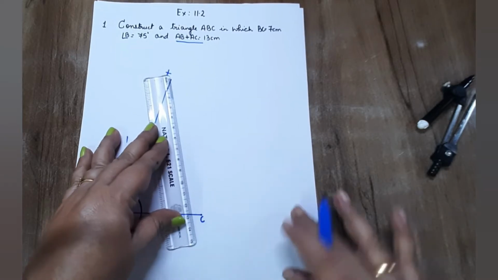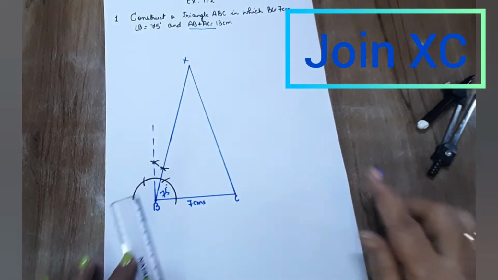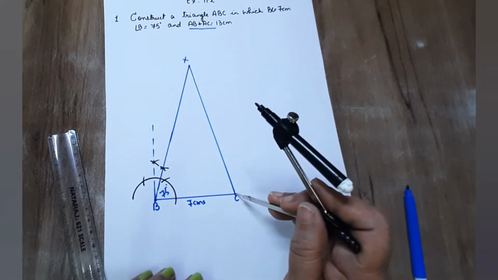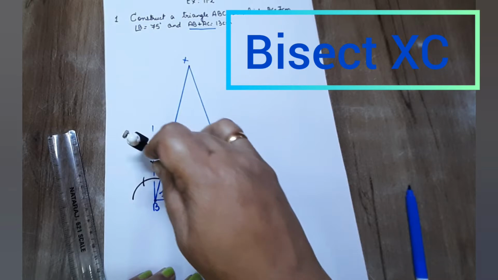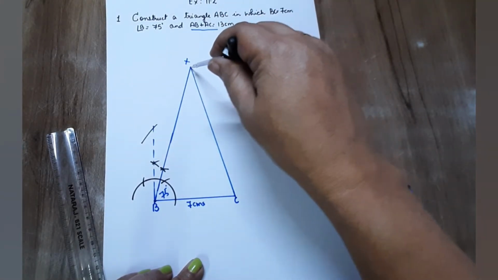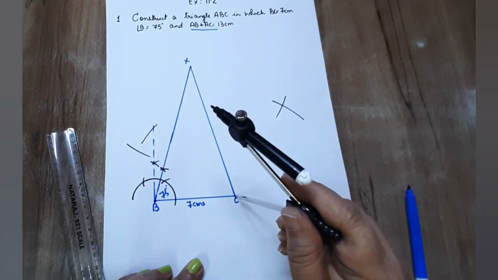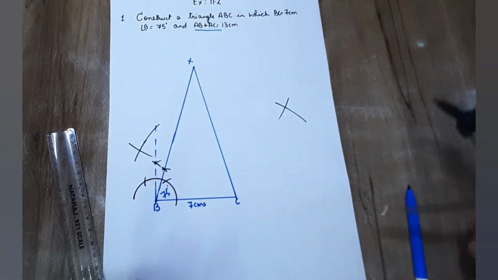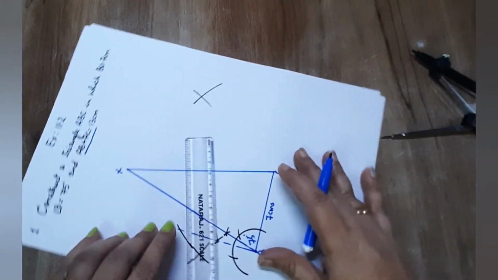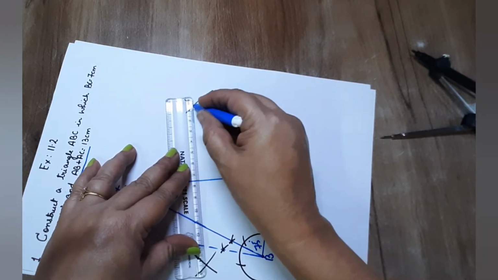So from here join X to C. After joining, we are going to bisect XC. Bisecting is from here, more than half, one arc up, one arc down, in front and back of XC. Here you need not worry at all where the arcs come in. Just we are going to bisect XC, that is we are cutting XC into equal halves.